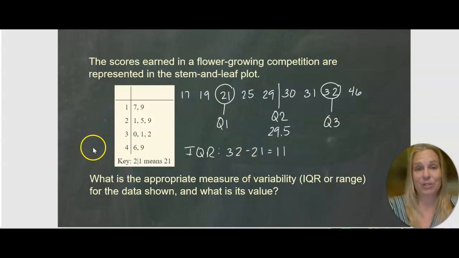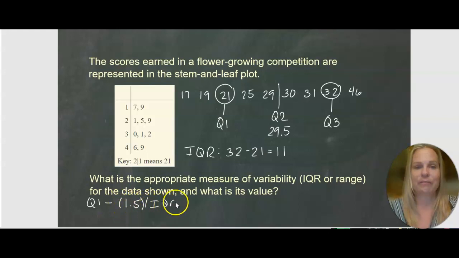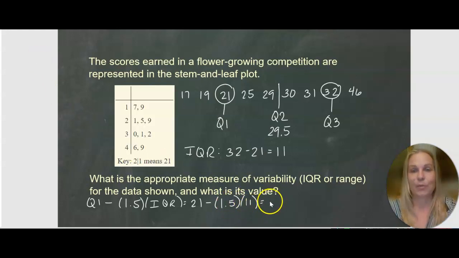So now I'm going to do my two formulas. So I'm going to do Q1 minus 1.5 times the IQR. And that's going to be 21 minus 1.5 times 11. And that is 4.5. And then I'm going to do Q3 plus 1.5 times the IQR.